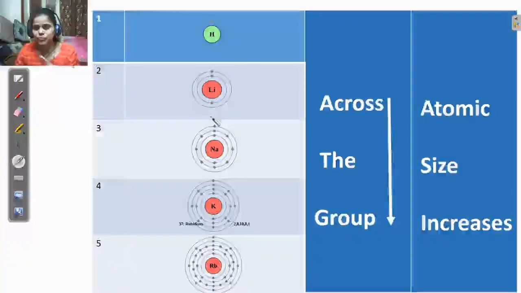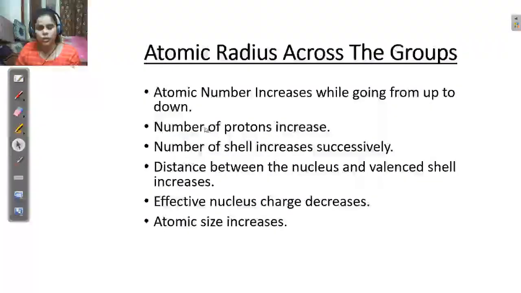In our previous lecture, I taught you about this. Across the group the number of shells increases. Understand? So the number of protons increases, the number of shells increases successively, and that's why the distance between the nucleus and the valence shell, meaning the outermost shell, increases.